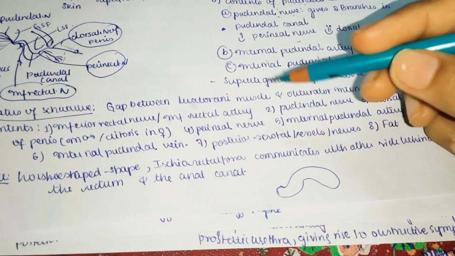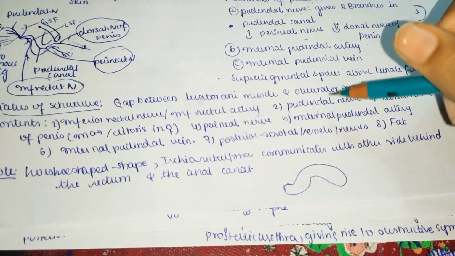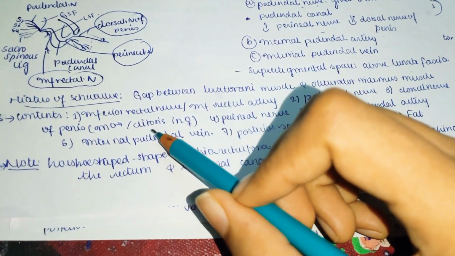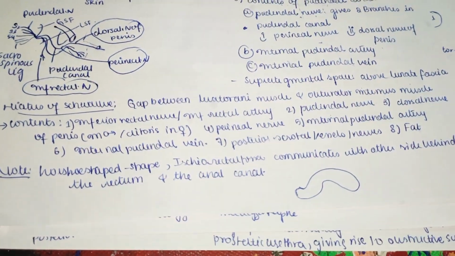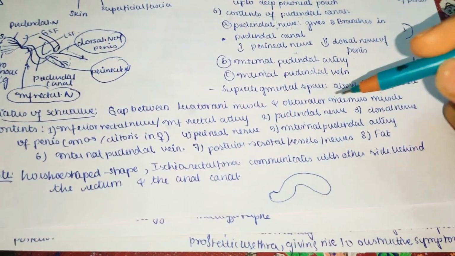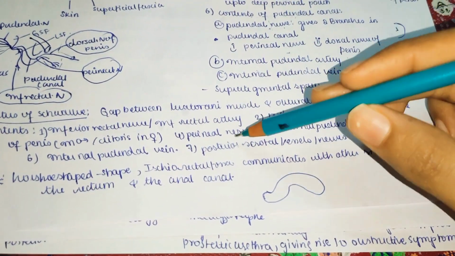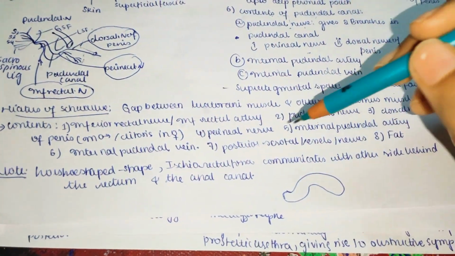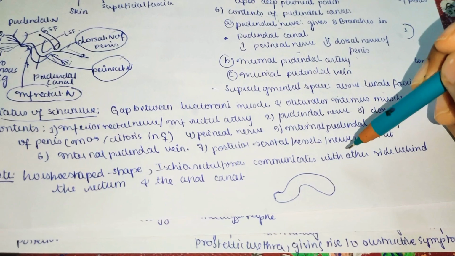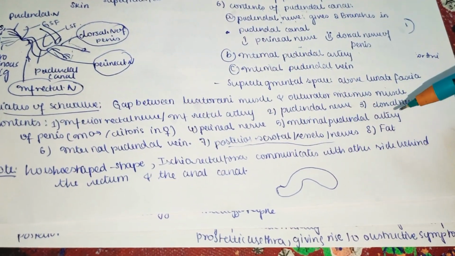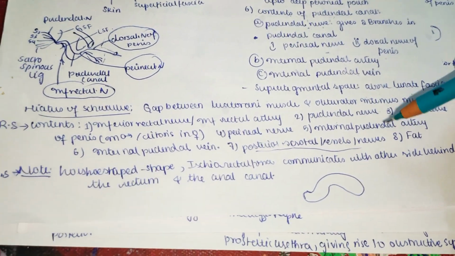And also of course, as there is a pudendal canal, there will be pudendal nerve, dorsal nerve of penis in male, whereas dorsal nerve of clitoris in female, and also perineal nerve. That is all the pudendal canal contains. Pudendal nerve, perineal nerve, internal pudendal artery, internal pudendal vein, posterior scrotal vessels or nerves. This is very important. And also fat. Of course, a lot of fat.